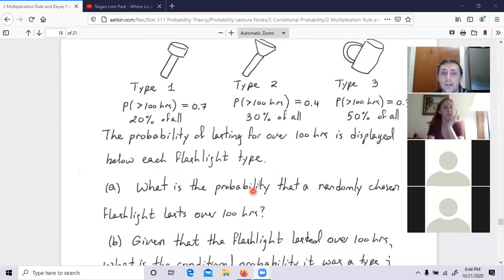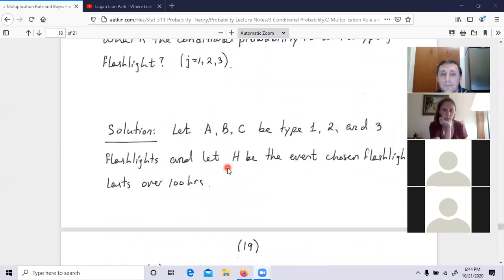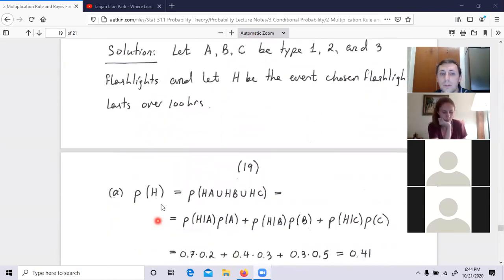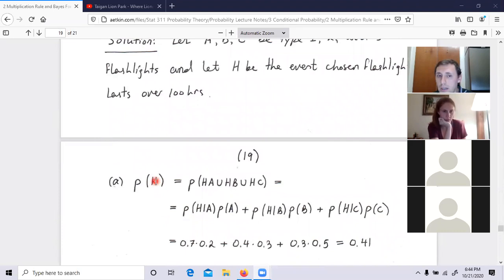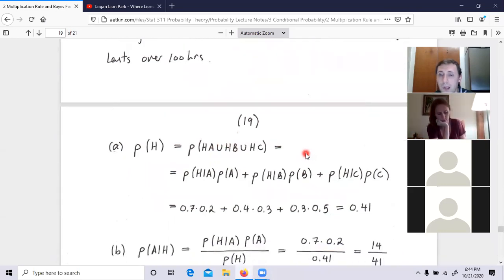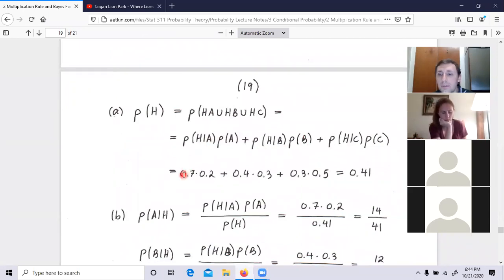So let's solve this together, guys, right? You can imagine it pretty fast. We want the probability that it lasts for more than 100 hours, right? And that's very simply the probability that it lasts more than 100 hours and the flashlight is type A, type B, or type C. So what's that probability?